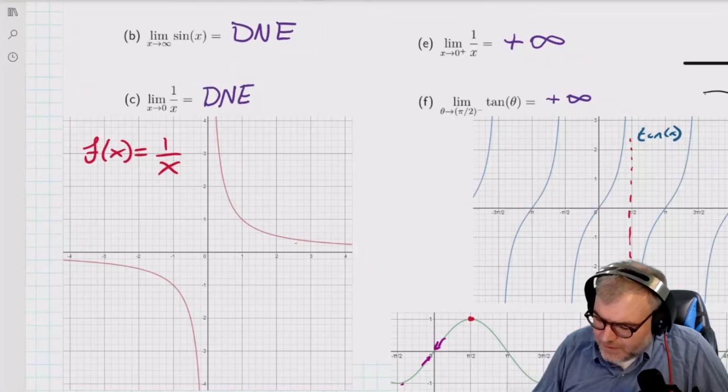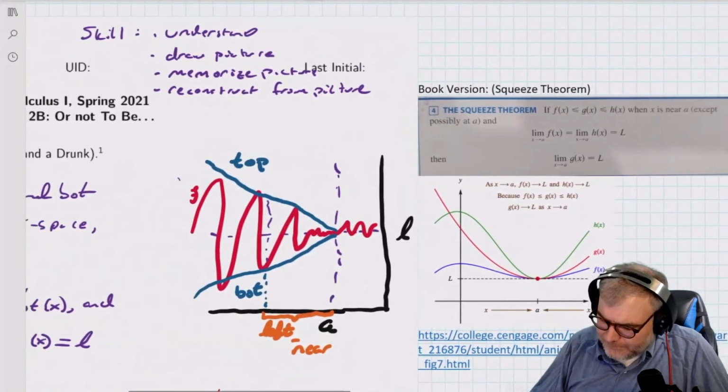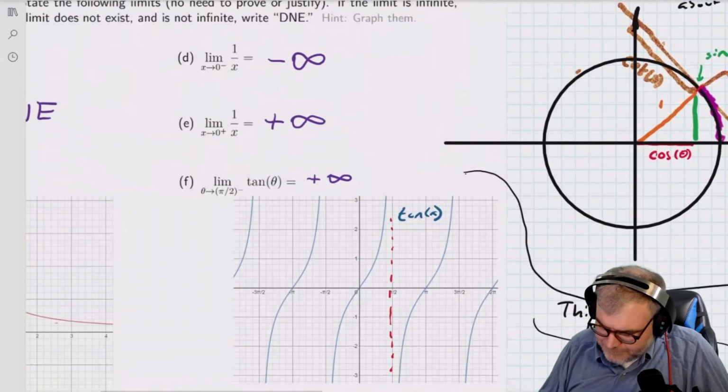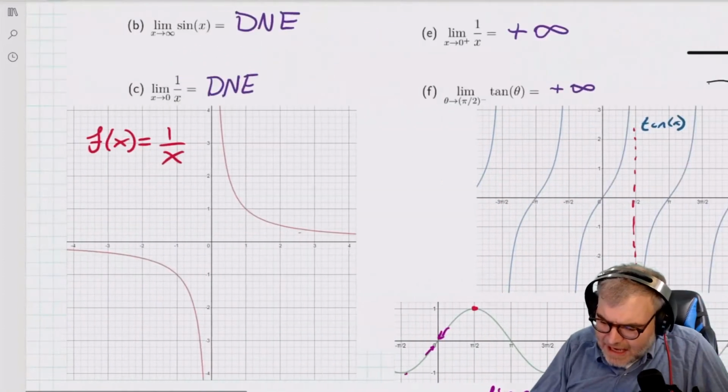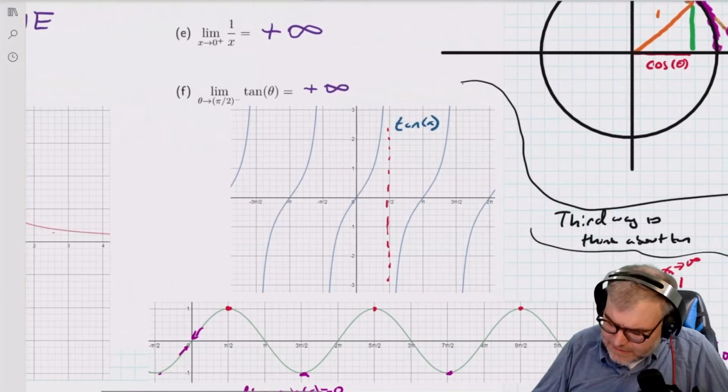All right. So let's go over these others. Sine: the limit as x goes to infinity of sine of x does not exist.